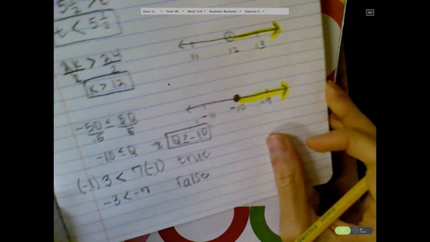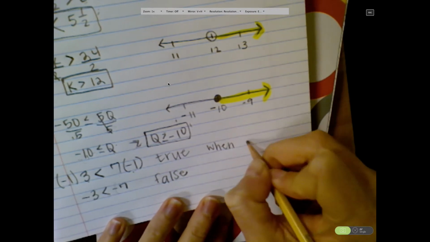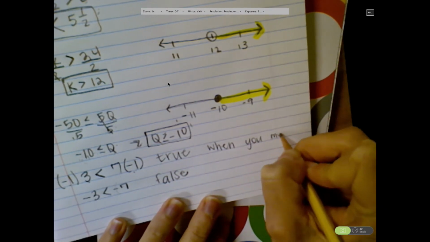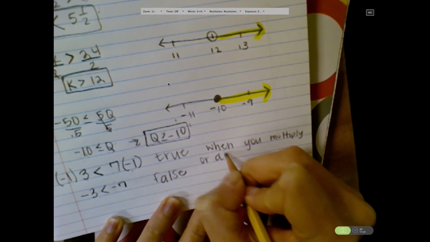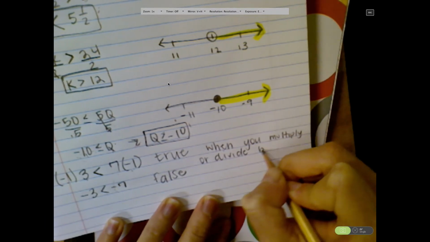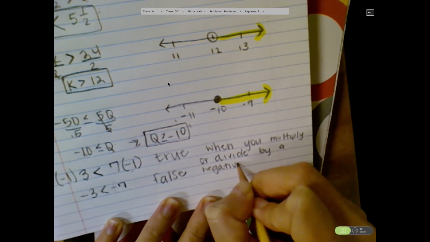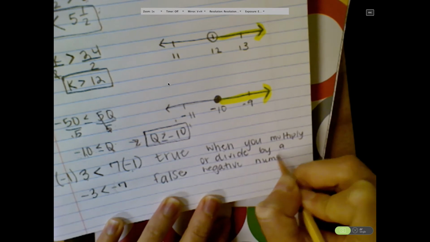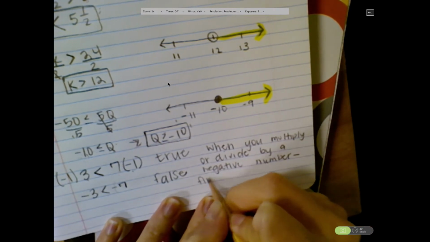Flip the sign, yes. So I want you to write that. When you multiply or divide by a negative number, flip the inequality sign.